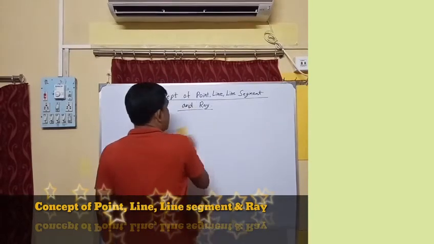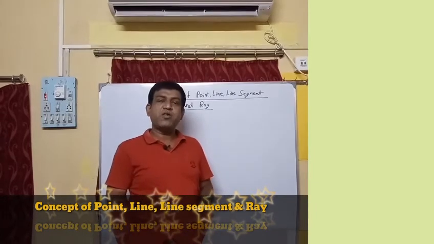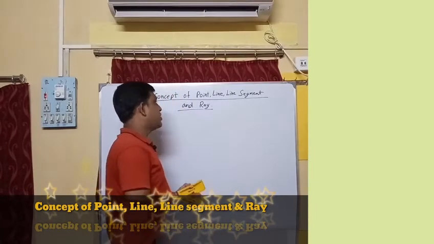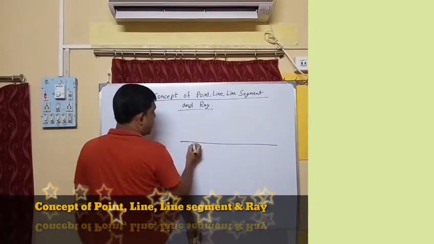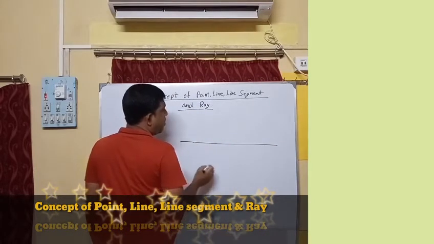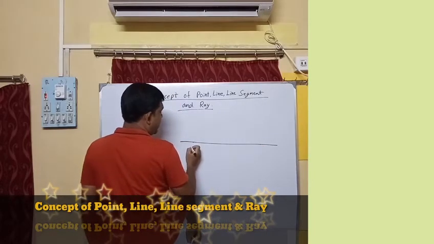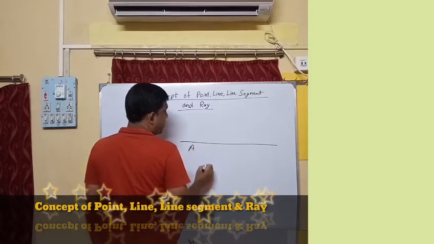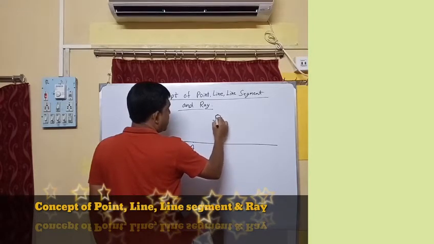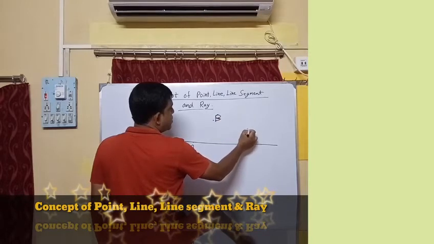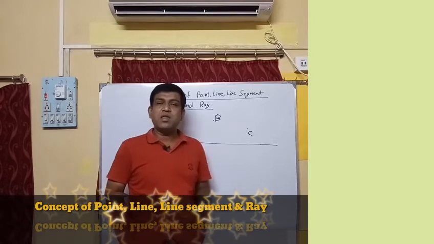Next one is non-collinear points. Simple thing you can understand. That means if the points are not on the same line, if this is A, this is B, and this is C, that means A, B and C are non-collinear.